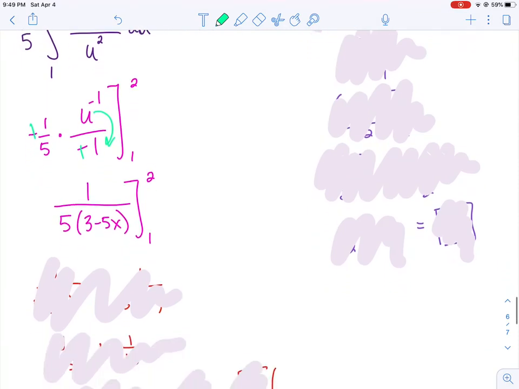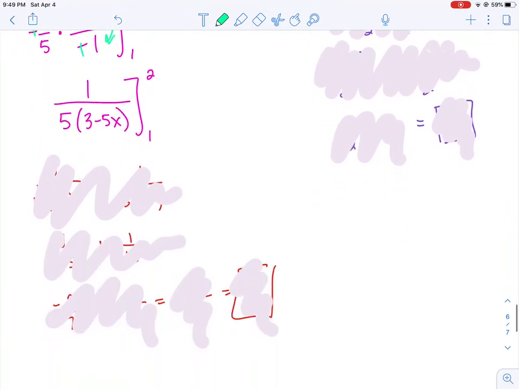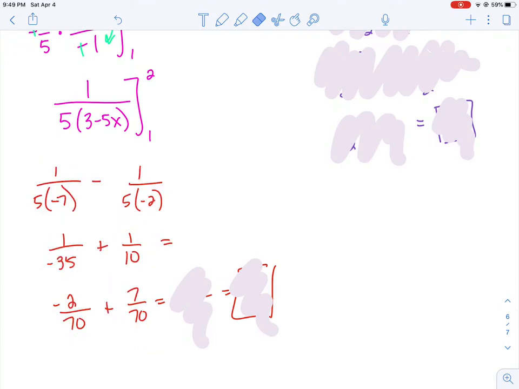Now that I have x's, I can plug in my x limits, my 2 and my 1, using the fundamental theorem of calculus. I'm going to simplify, get common denominators, and then get a final answer of 1/14. I hope you got the same thing I did.